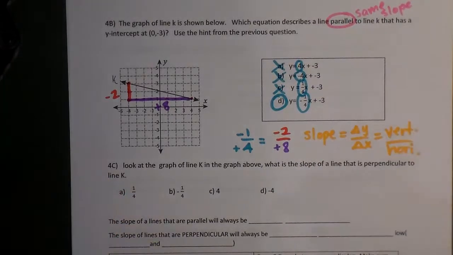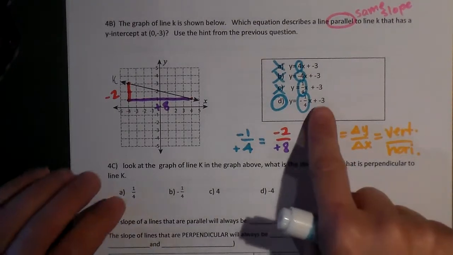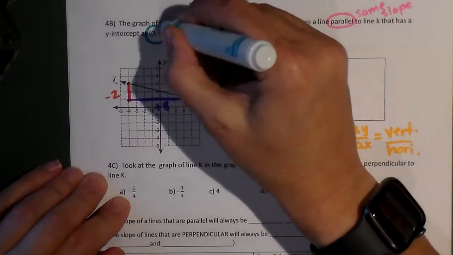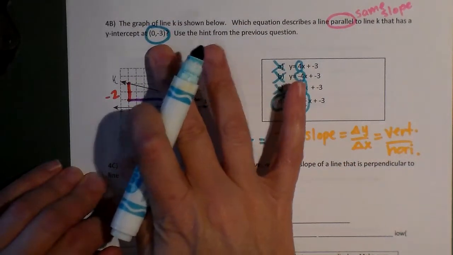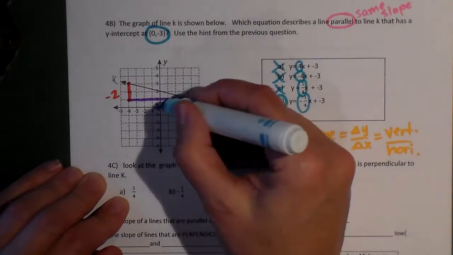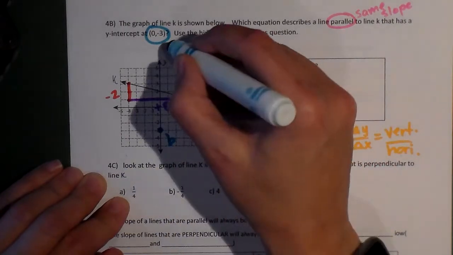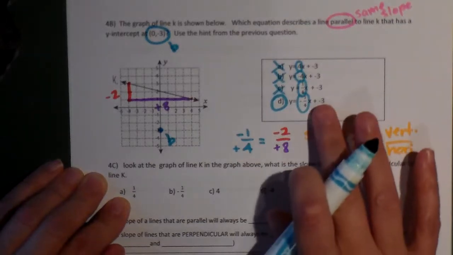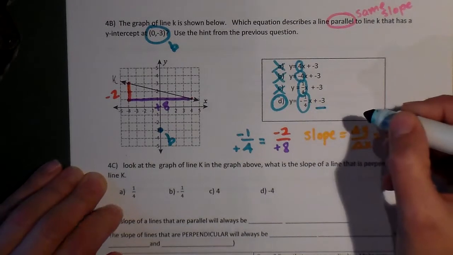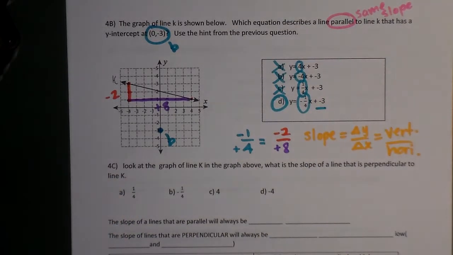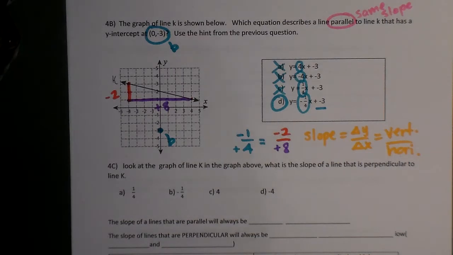And again, let's say you had 2 answer choices that had -1/4. Well, the point that it gives you that's on our new line is at 0, -3. That is our B. That actually happens to be our y-intercept. And if you look here, you have plus -3. So that's how you do the parallel equations.